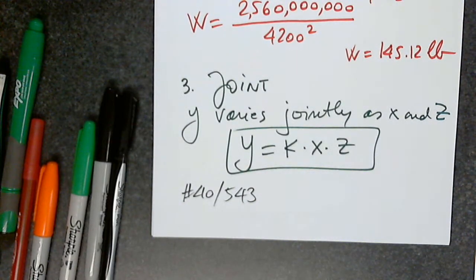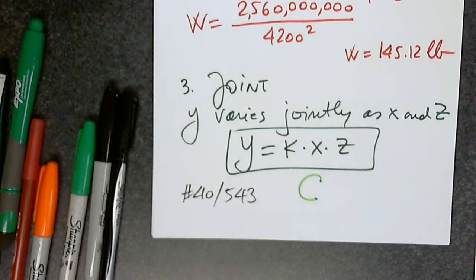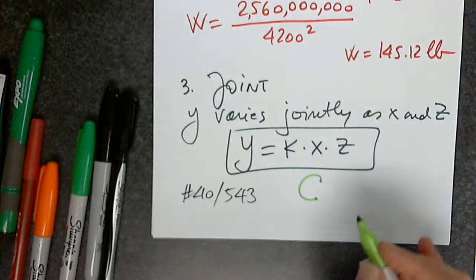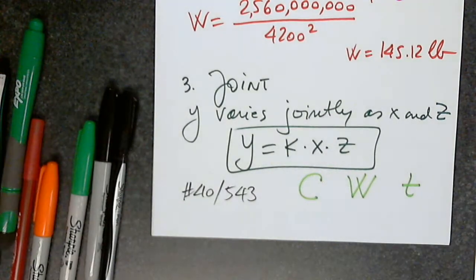The number of cars manufactured on an assembly line at a General Motors plant varies jointly as the number of workers and the time they work. Okay, so let's think. The number of cars, I'm going to denote it by C, manufactured on an assembly line at a General Motors plant varies jointly as the number of workers. I'm going to call them W. And the time they work, I'm going to call it T.